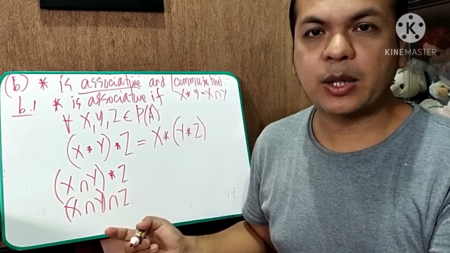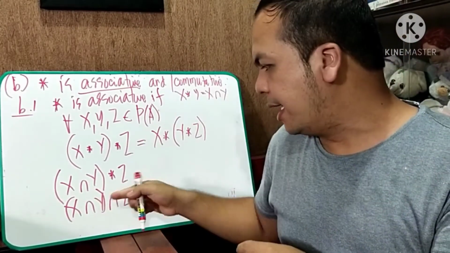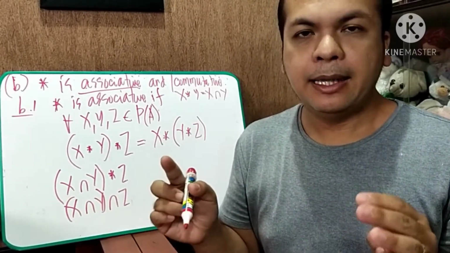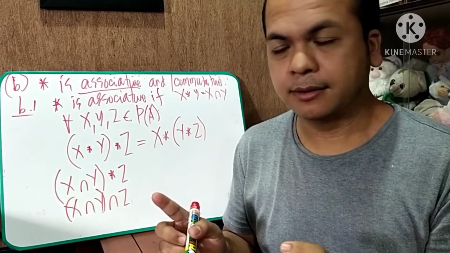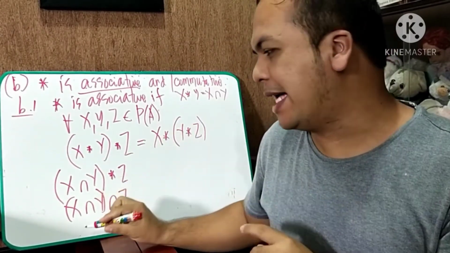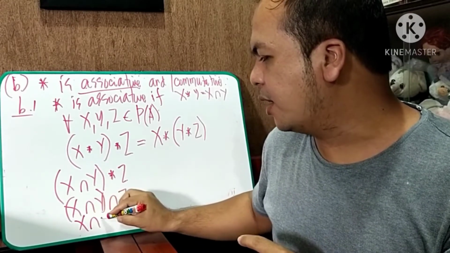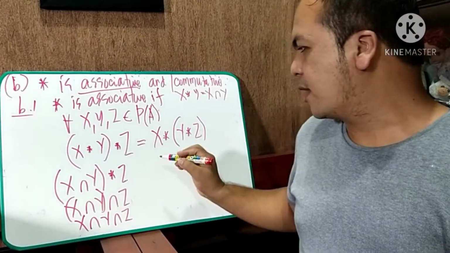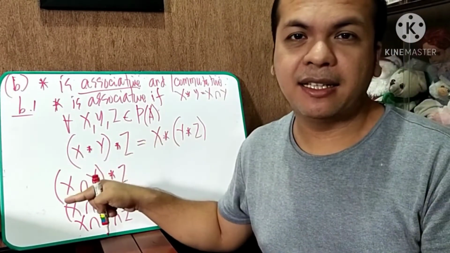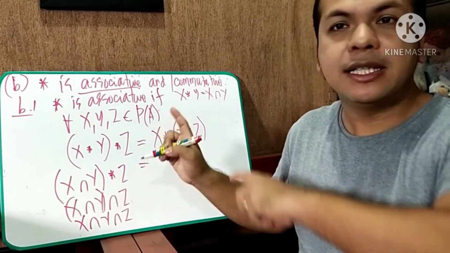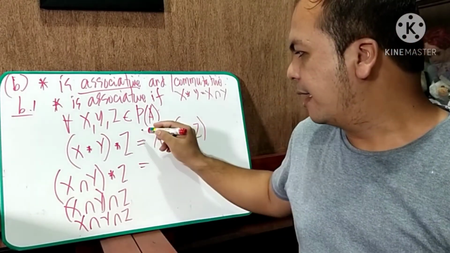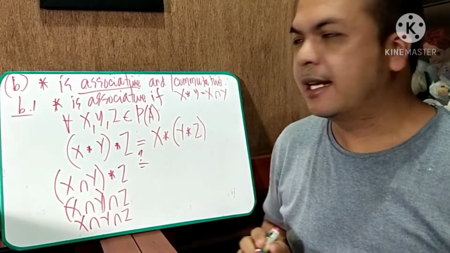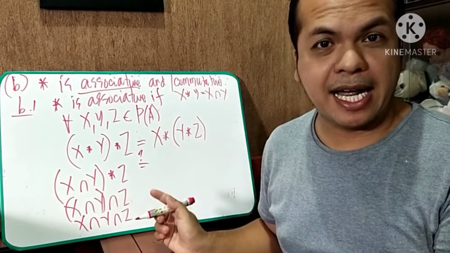But this is equivalent to, so pwede natin kasi lahat naman sila ay intersection, so pwede natin tanggalin yung parenthesis. So pwede natin isulat ito as x intersection y intersection z. Okay? So, yan yung sa left hand side. Ngayon, let's work sa right hand side. So, of course, kailangan natin isulat yung question mark kasi hindi mo natin sabihin na equal na sila.